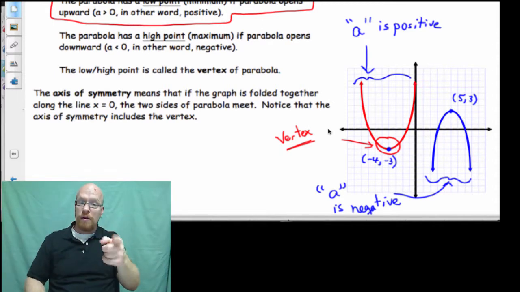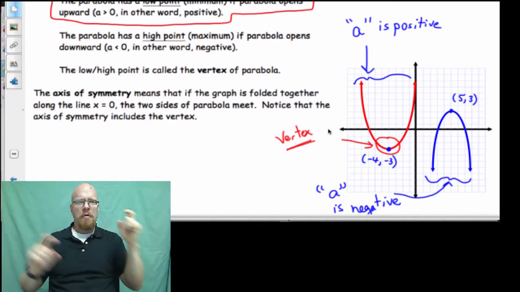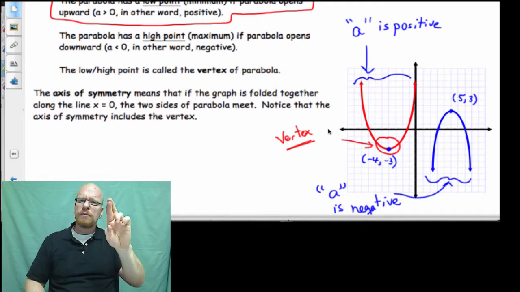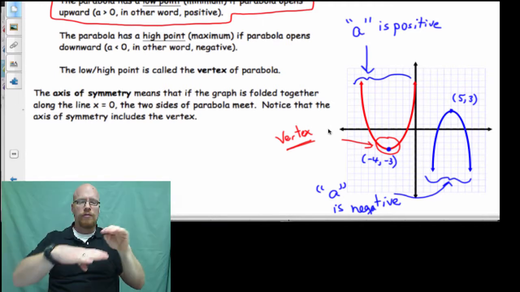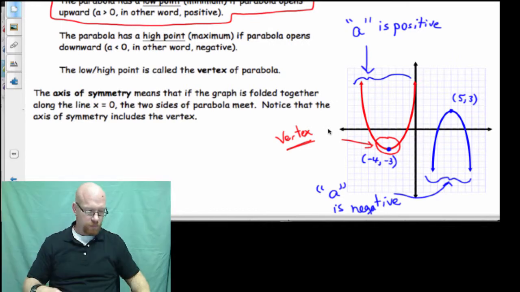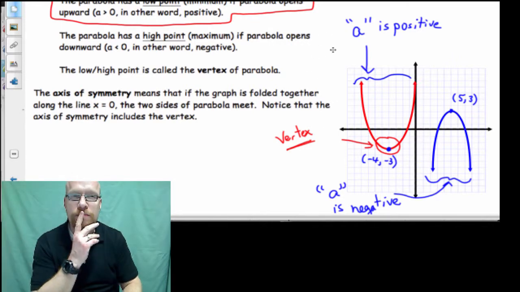Now also, if we look at the red graph and consider the domain, what possible inputs can we have? All x values are involved. Now the range are all the possible answers, and really it's from -3 and up.